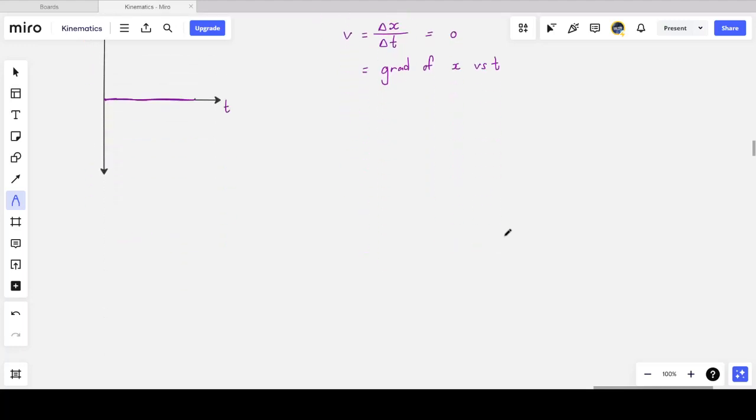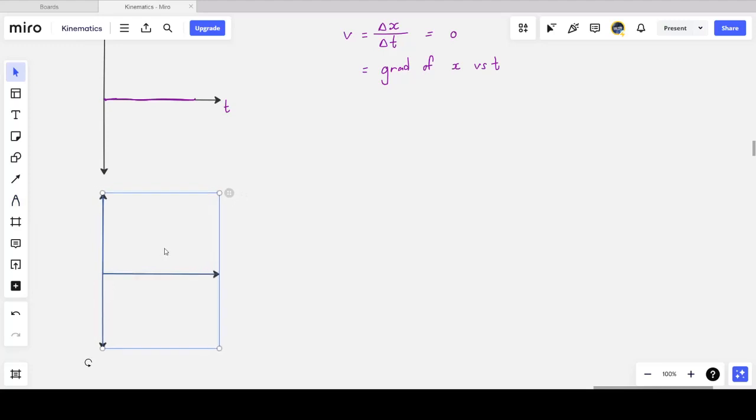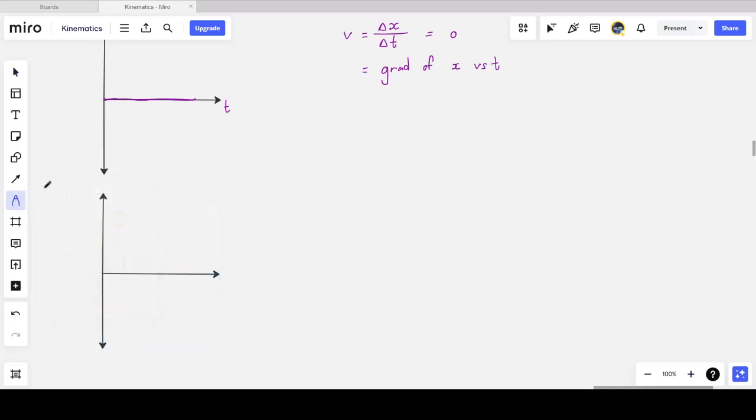And then lastly, our last quantity that we want to plot against time will be the acceleration. The acceleration is given by how my velocity is changing. Is my velocity changing? It's not. So the acceleration is 0.